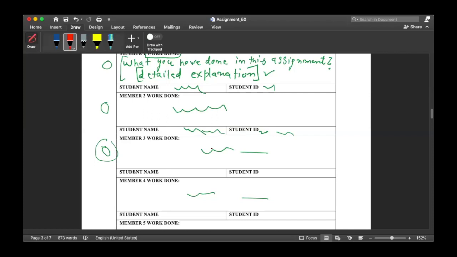Topic 1 was introduction to financial management. Topic 2 was about financial markets and financial institutions. Topic 3 was about present value and future value. Topic 4 was about stock valuation.